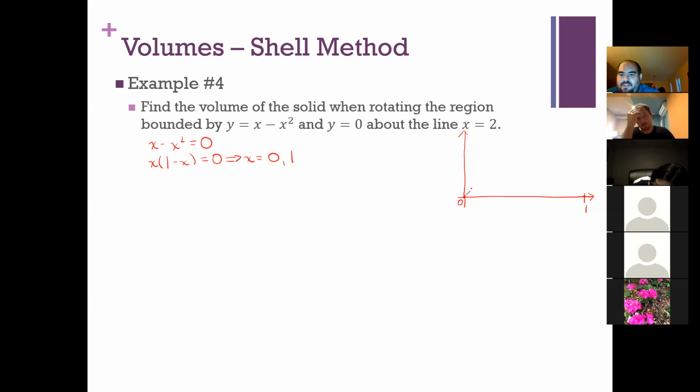So I'll try to draw it symmetrically. That's close enough. So I'm taking this region right here. Oh, I didn't leave myself enough room today. I need to start over.